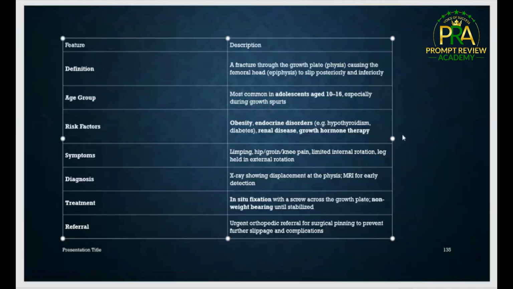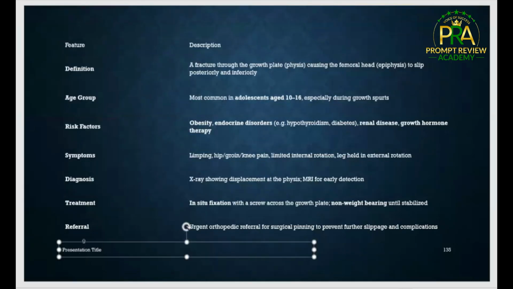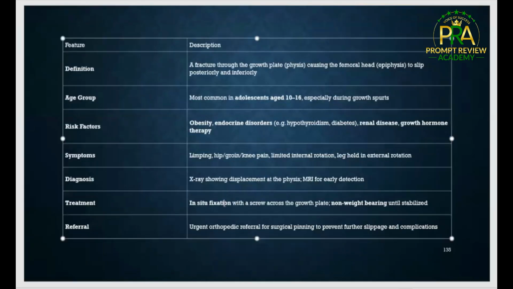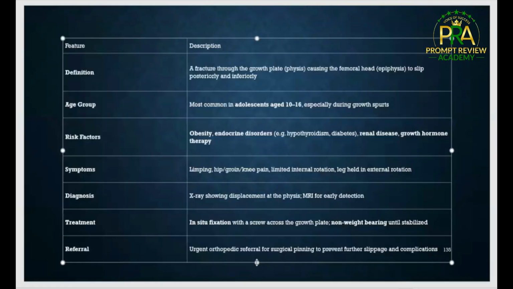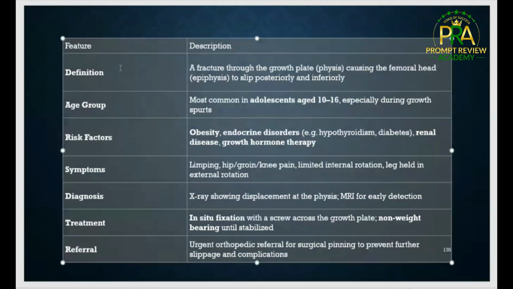What can be the risk factors? The risk factors can be obesity, the risk factor can be an endocrine disorder, but just know that there is a shift, there is a dislocation. Remember, slipped capital femoral epiphysis.